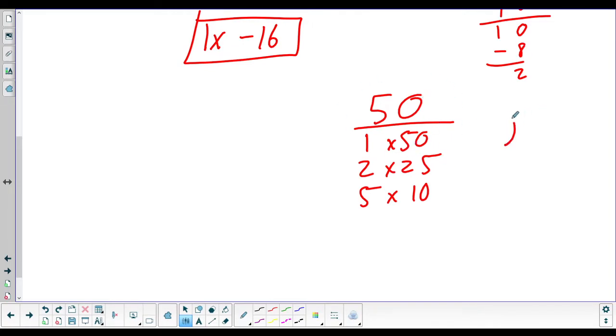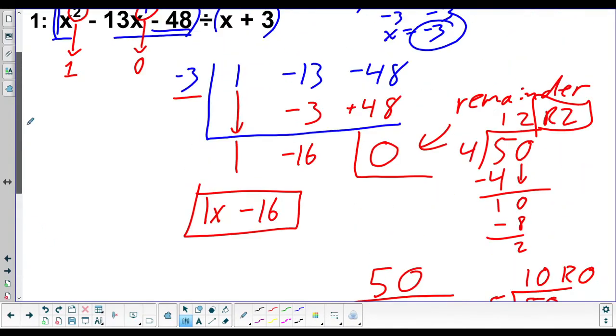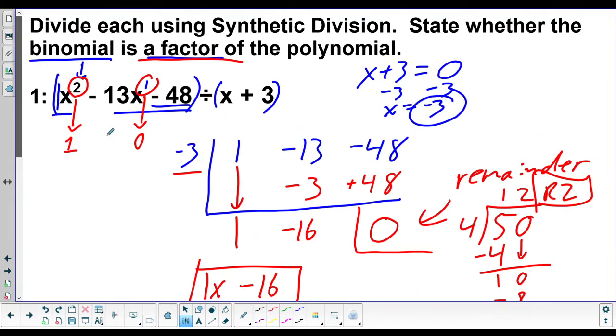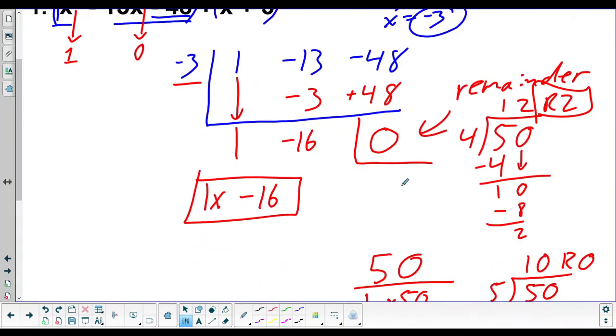And if we take 50 and divide it by any of these factors, like say 5, we'll get 10 remainder 0. So to tell if it is a factor, all you have to do is look at this remainder. If it's 0, it is a factor.